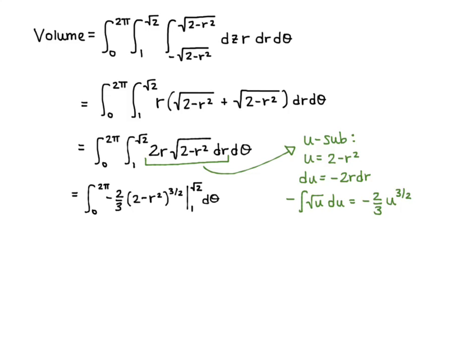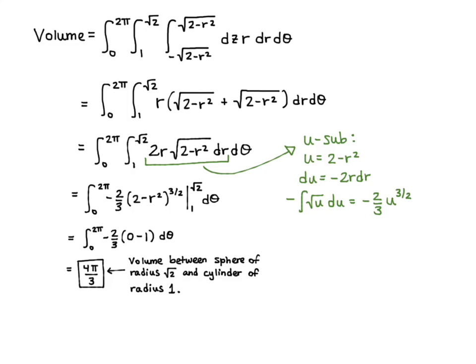Plugging those in, the square root of 2 gives me a 0, and plugging in 1 gives me a 1. And so I'm basically integrating 2/3 from 0 to 2 pi. So I get 4 pi over 3.